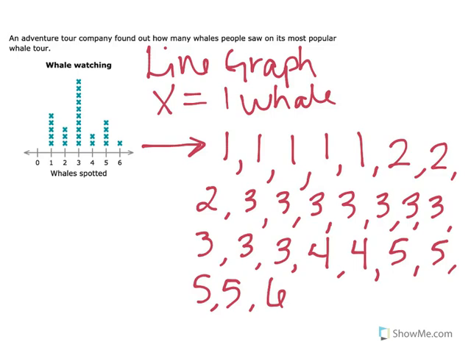Since I have 25 pieces of data, because there are 25 X's in my line graph, that means I have an odd amount of pieces of data, so I will have one number exactly in the middle. So I need to think to myself, what number would be in the middle?